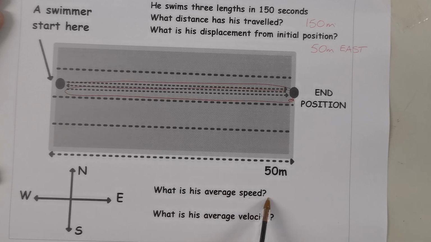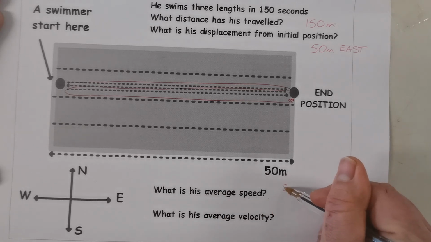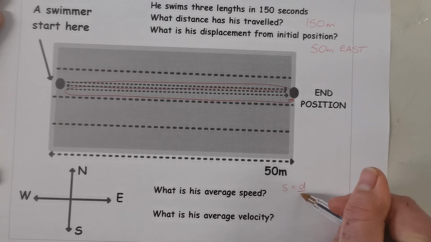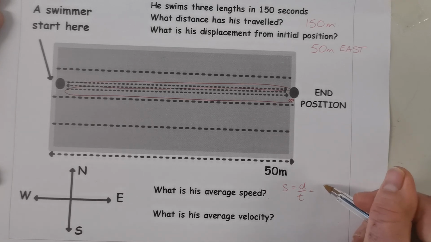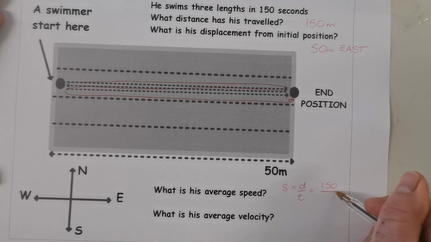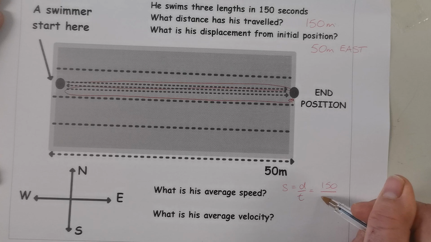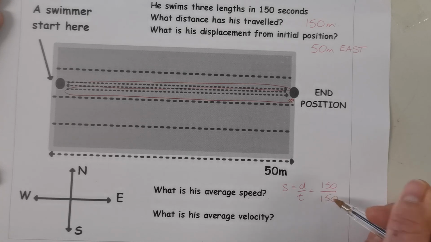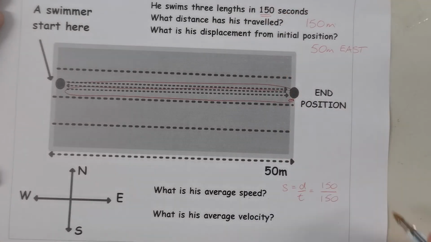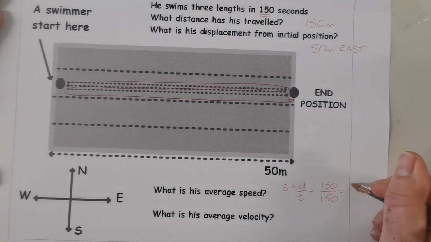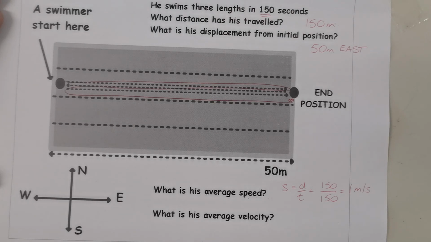What was his average speed? Well, speed equals distance divided by time. 150 divided by 150 seconds, which is 1 meter per second. What was his average velocity?